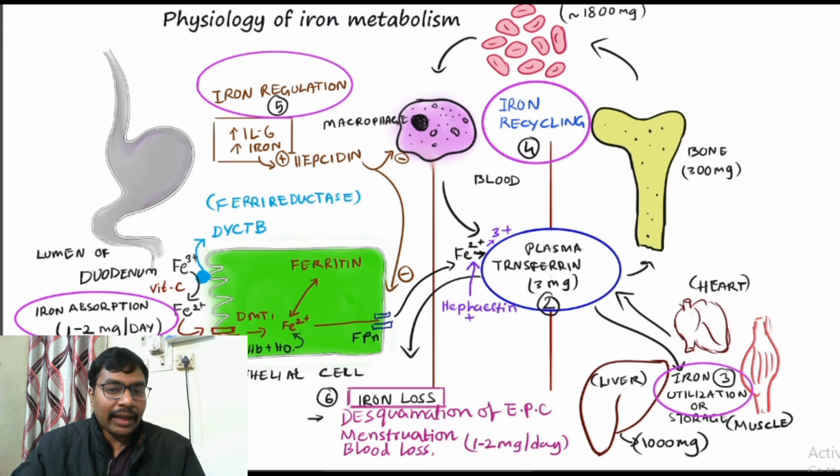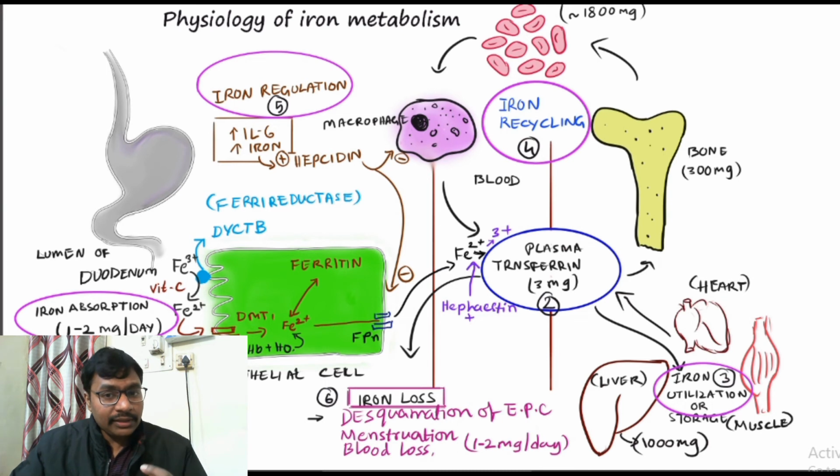So this is how iron is transported by the transferrin and participates in hemoglobin synthesis and is stored in the liver, wherever the iron requirement is there. It can be bone, liver, cells, or the macrophage cells.